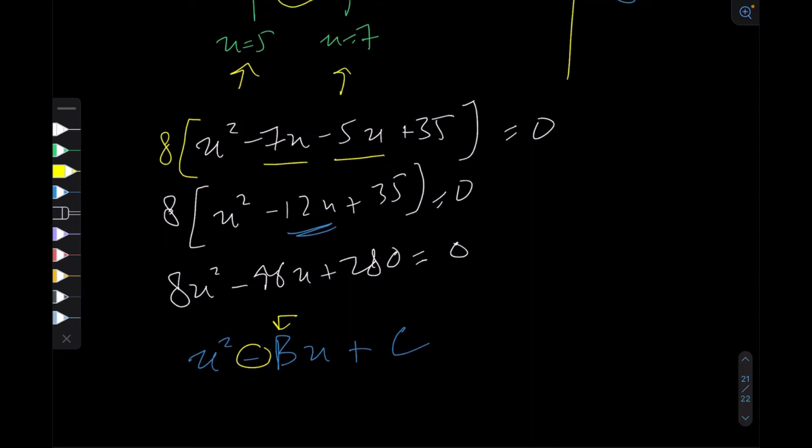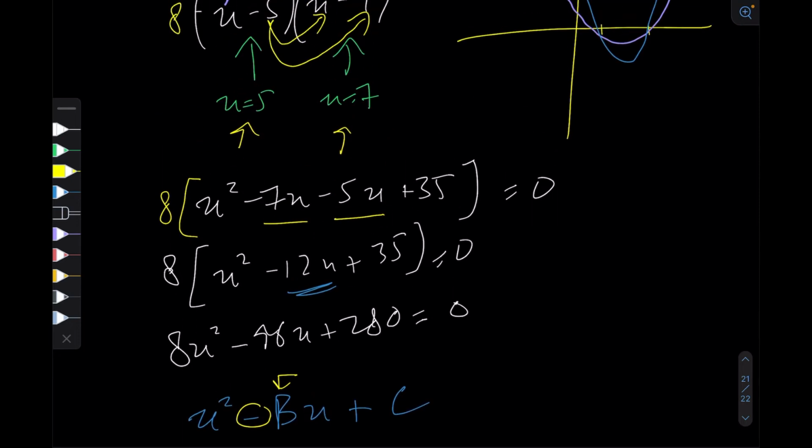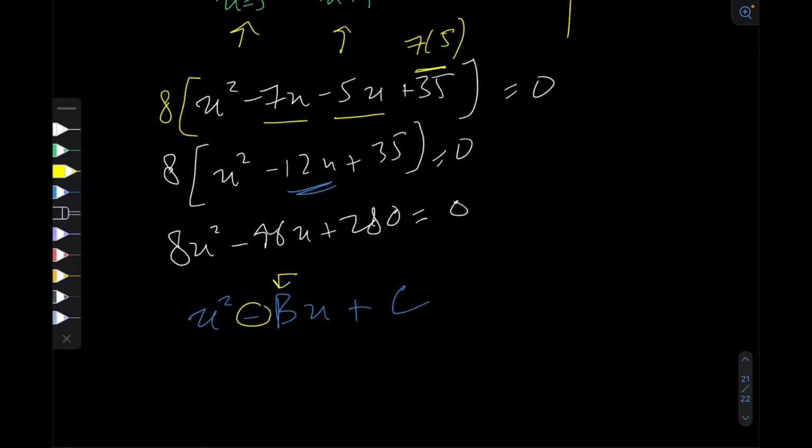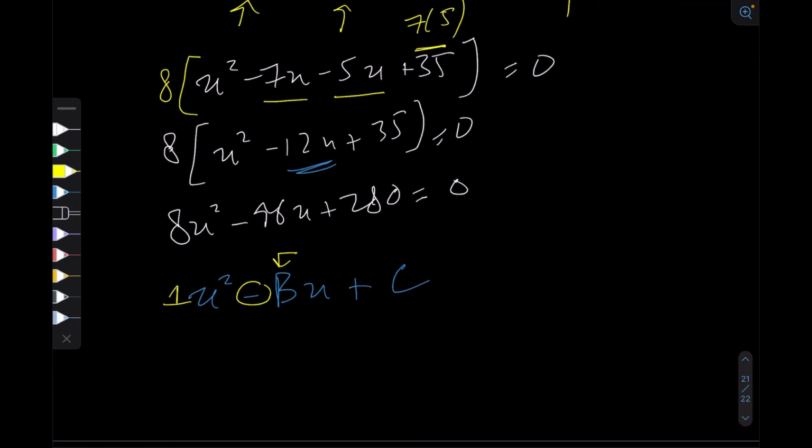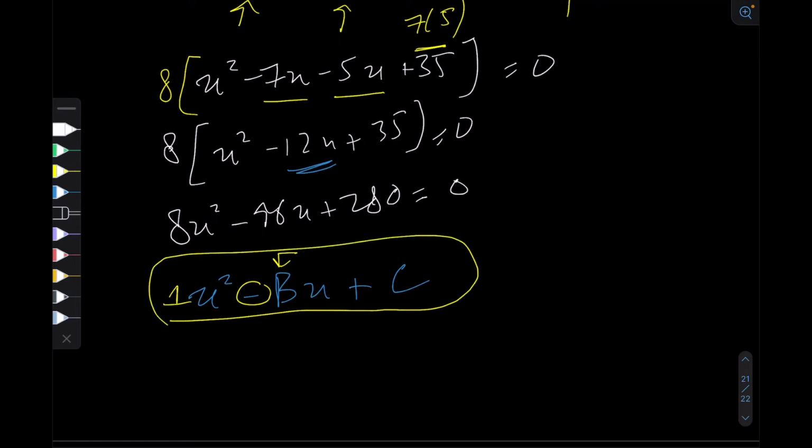And as far as c goes, we got c when the two roots multiplied together, that is 7 and 5. All of this happened when the coefficient of x squared was 1, simply because when you multiply x by x, it gives you x squared. So that's why a quadratic in this form is a quadratic that we can use better.